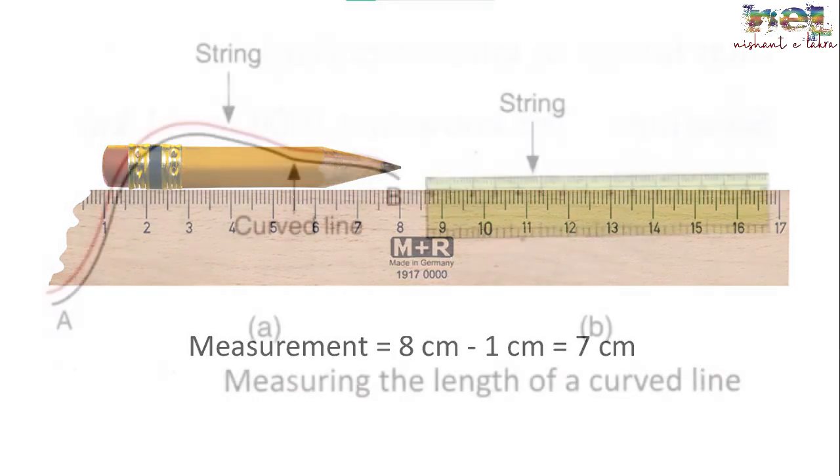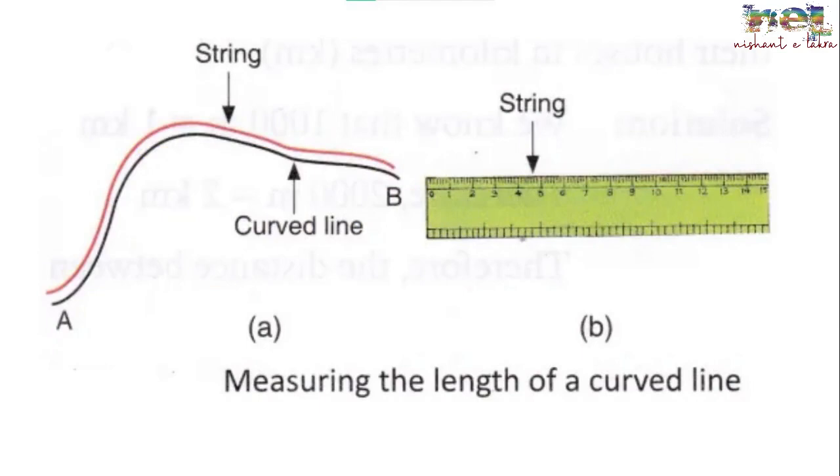Now let us see how to measure the length of a curved line. We have learned before that there are 2 types of measuring devices. One is the ruler, which is hard, and the other one is the measuring tape. So now let us see how to measure the length of a curved line or a wavy line.